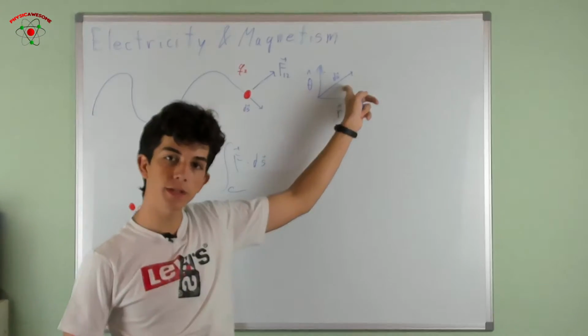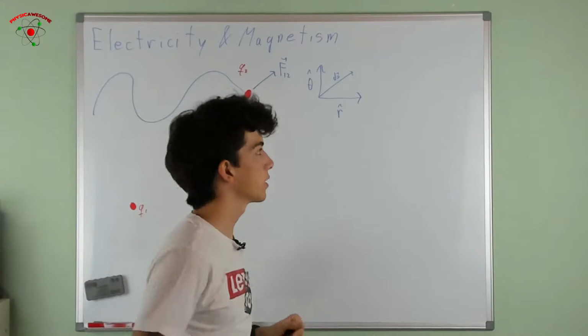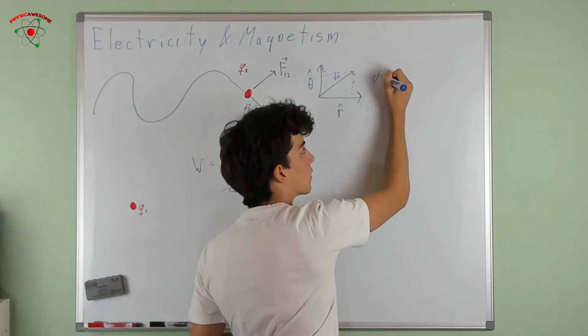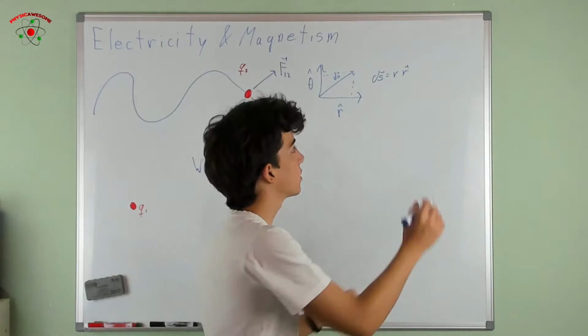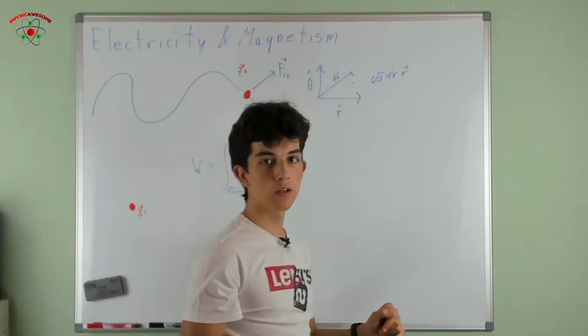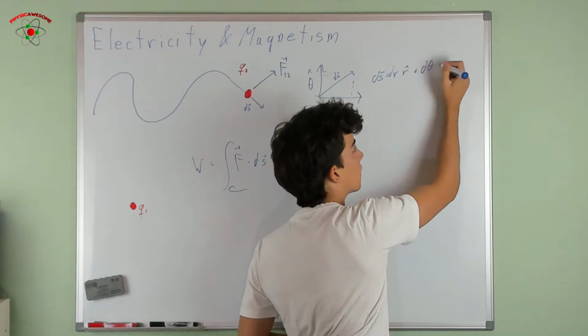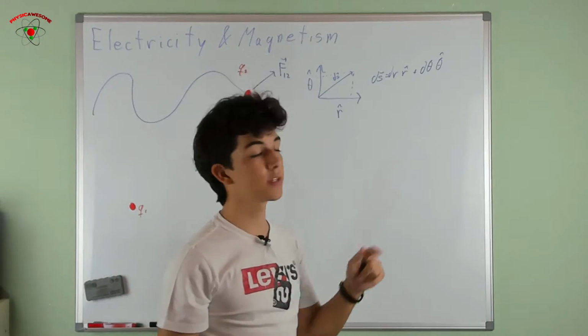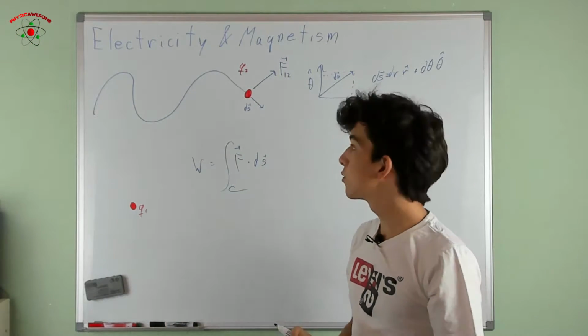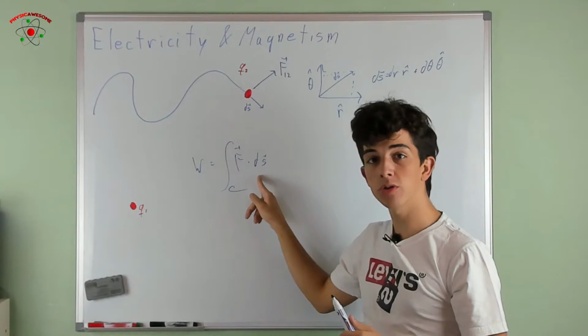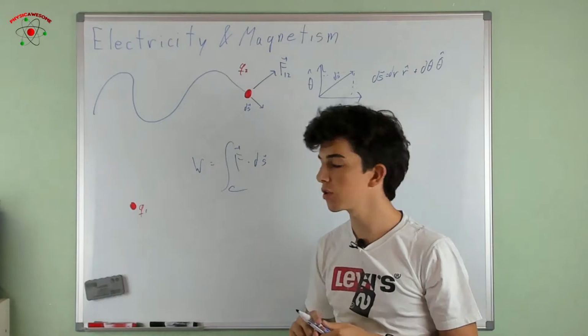Our displacement is going to have two components. The r component in the r hat direction, dr, and a theta component in the theta hat direction. Therefore, when we are doing this dot product, we will need to take that into account.